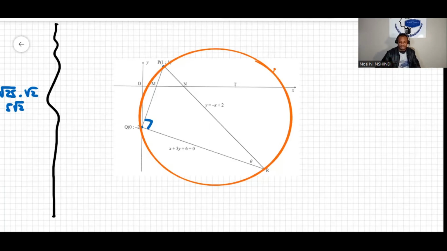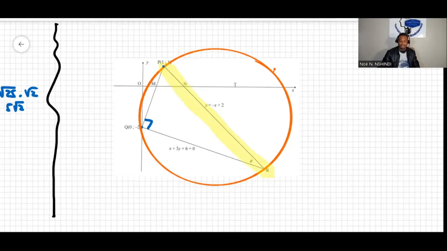I was trying to say that this line here is the diameter of the circle.